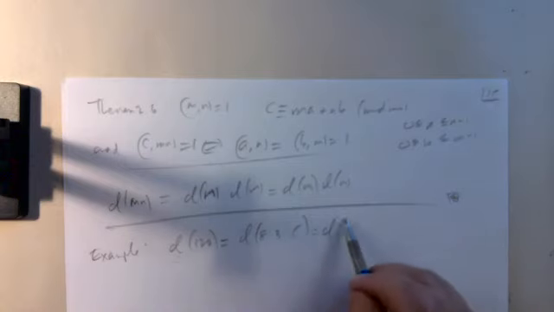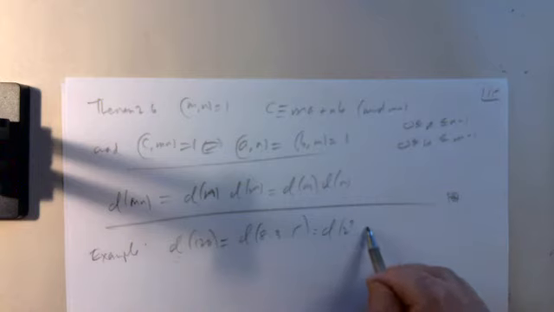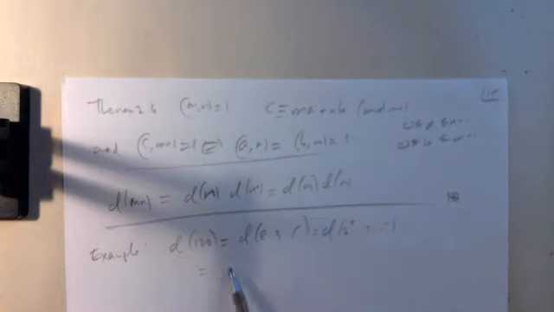So 120 is 2 cubed times 3 times 5. By the multiplicativity of the phi function, this is phi of 2 cubed, phi of 3, phi of 5. Actually, we already calculated phi of 8. Phi of 8 is 4. Phi of 3 is 2. Phi of 5 is 4. So this is 4 times 2 is 8, times 4 is 32.